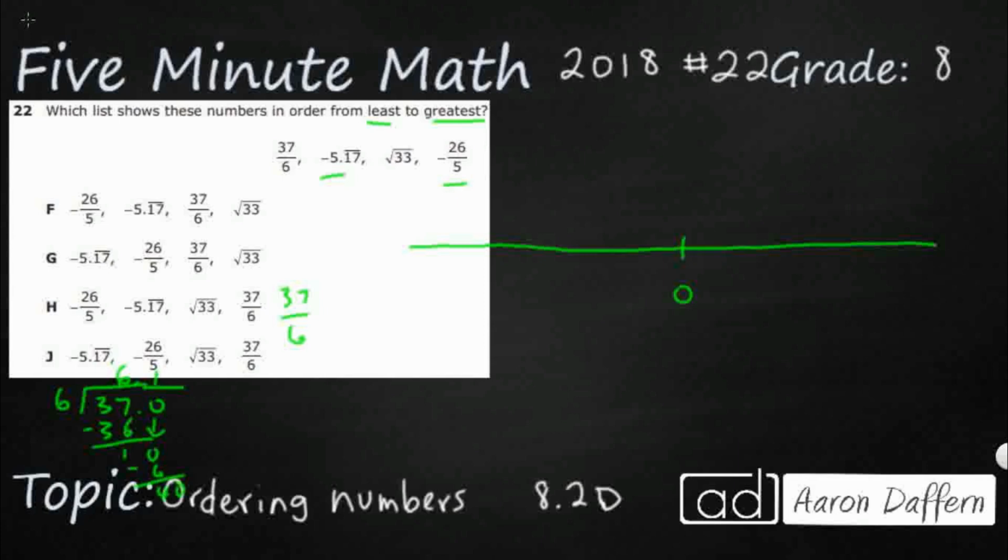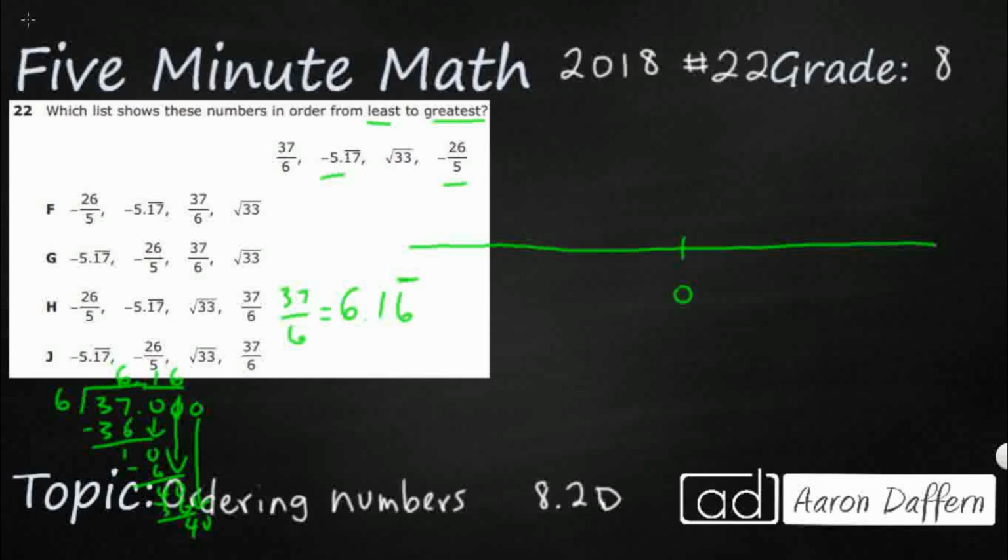That's going to go in 6 times. Looks like we're going to get repeating right here. That 1 is going to keep going again and again and again. So that equals 6.16, and then that 6 is repeating.